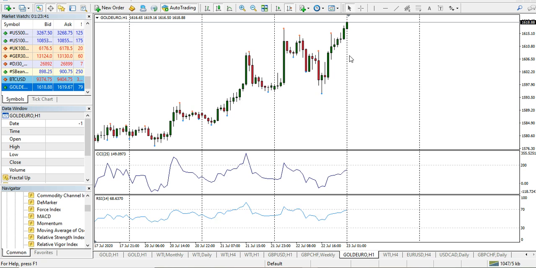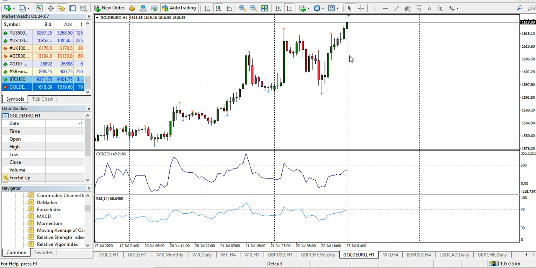What you can try to do is focus on a narrow set of currency pairs or indices or stocks, whatever it is that you want to trade. You can decide that these are the instruments that you're going to trade, so that you can remain focused on those.